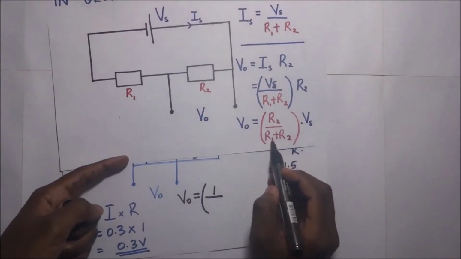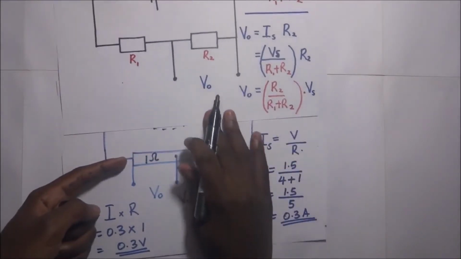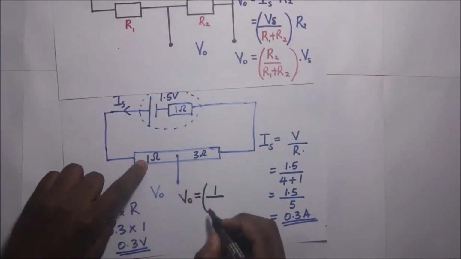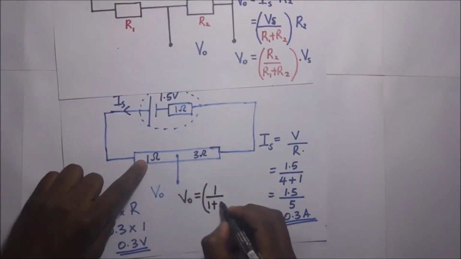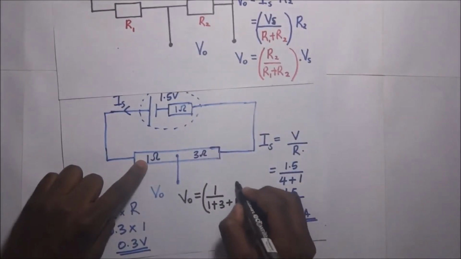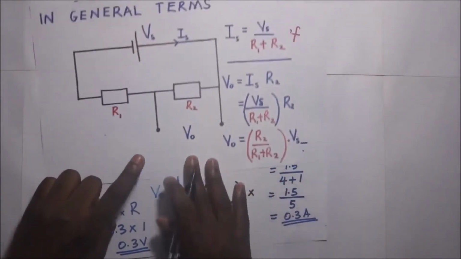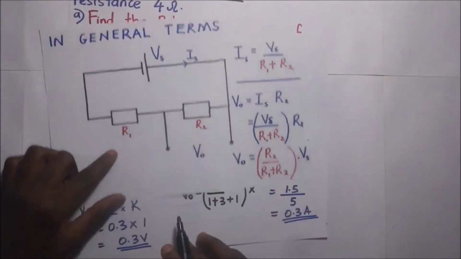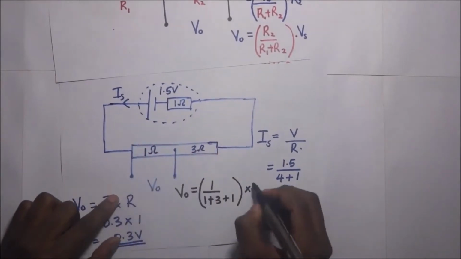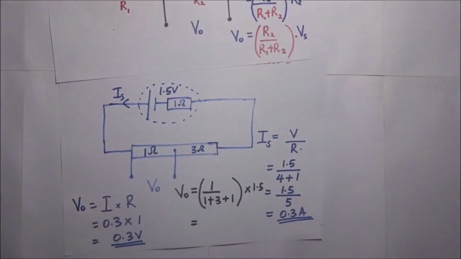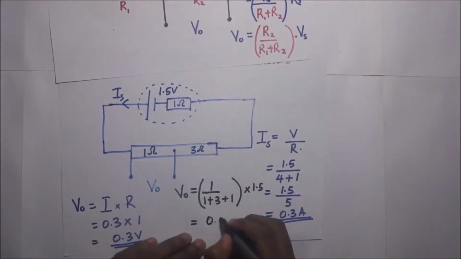Divide that by the effective resistance in the whole circuit, which is this resistor here, which is 1, plus 3, plus that other resistor, which is 1. Then we multiply that by Vs, the source voltage, which in this question is 1.5. When we compute that, we still get the same answer of 0.3 volts.